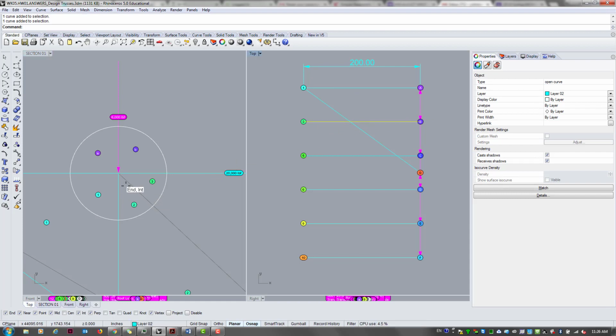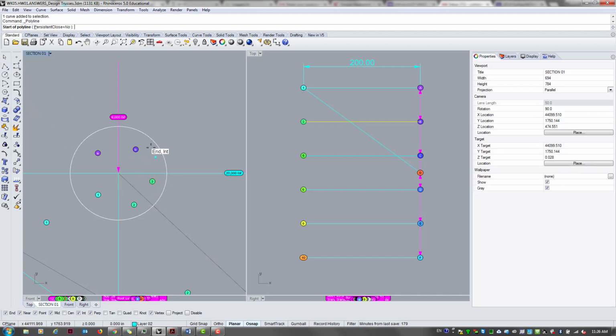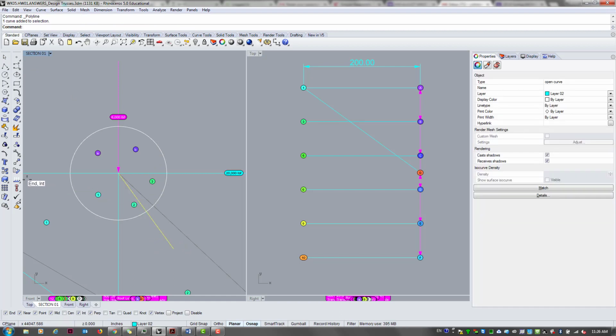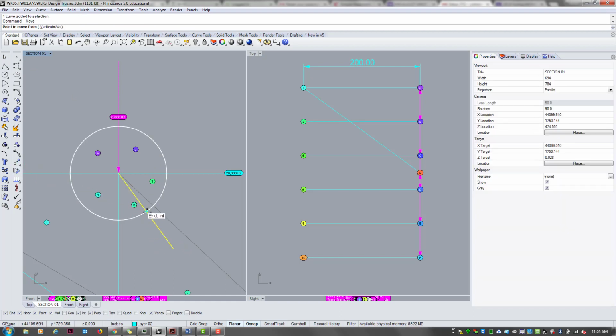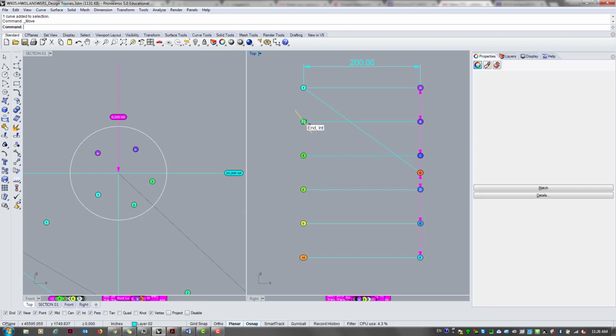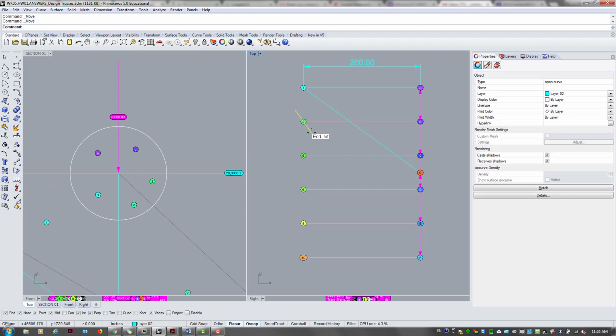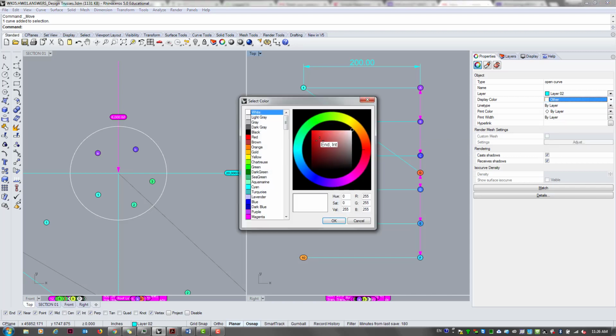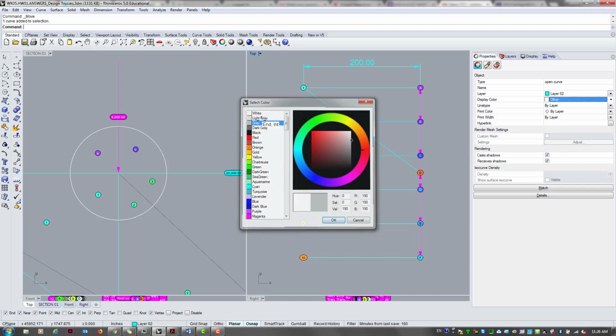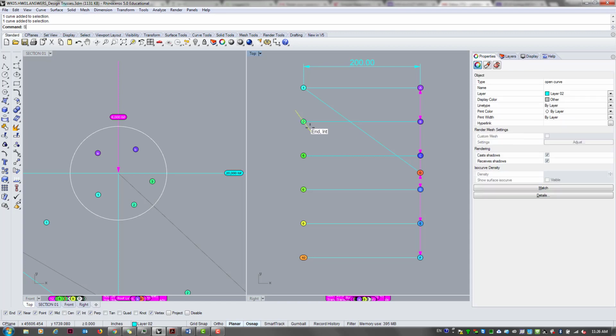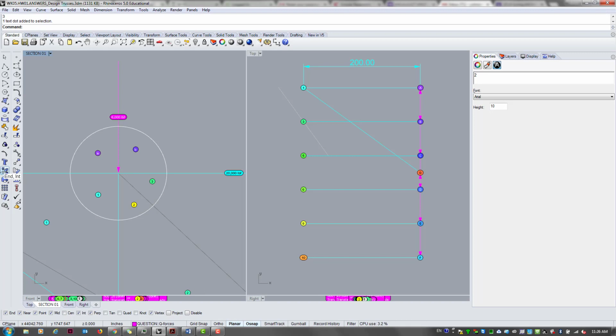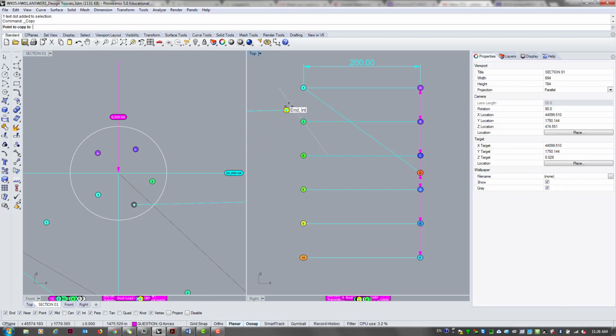3-2 is supposed to be some kind of diagonal. We don't even know the angle, but let's just assume, right? So from 3 you probably have some sort of a line, and 2 has to be somewhere here.